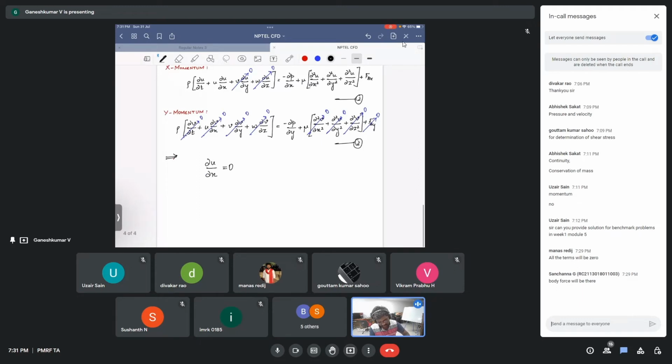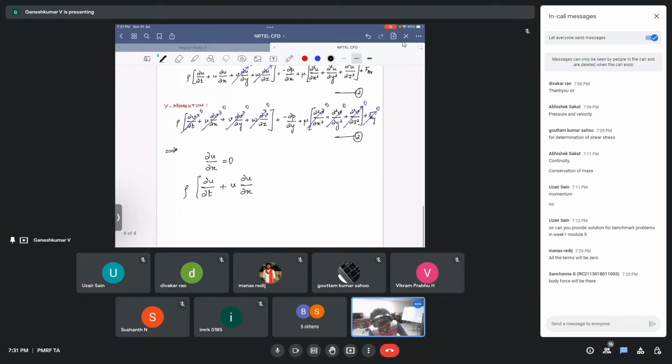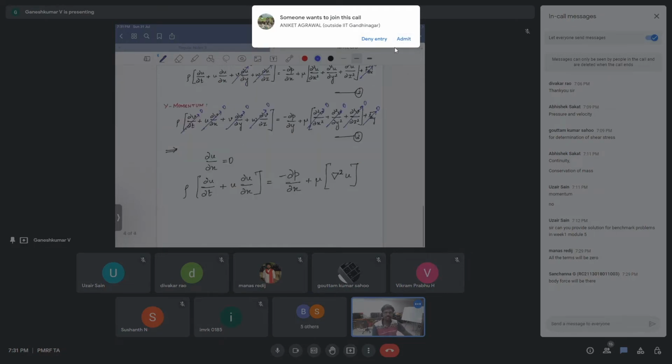And the x momentum equation becomes rho times ∂u/∂t plus the convective terms equal to minus ∂p/∂x plus mu times the whole viscous term, which we will write. I'm making the body force 0 again, so this would be 0.